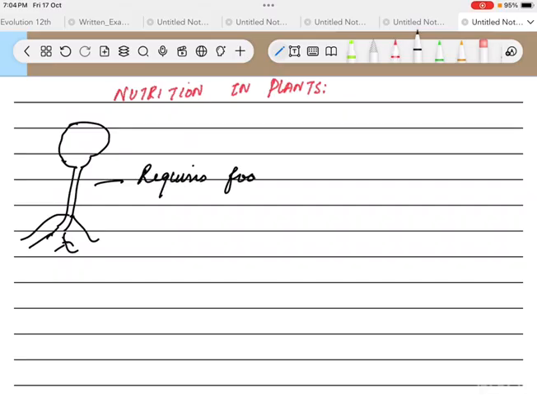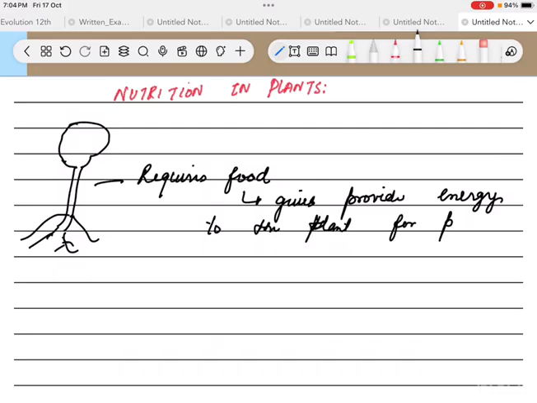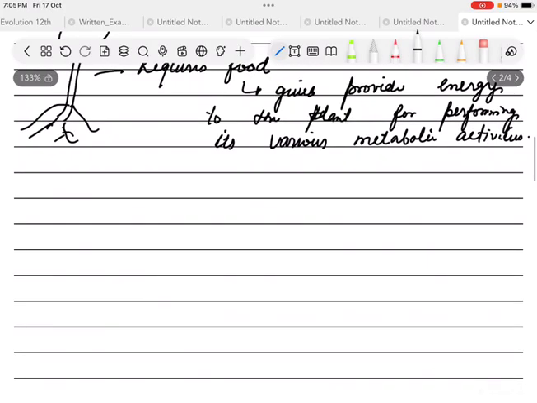This food provides energy to the plant for performing its various metabolic activities. Fine. So plant requires food for performing its various metabolic activities.